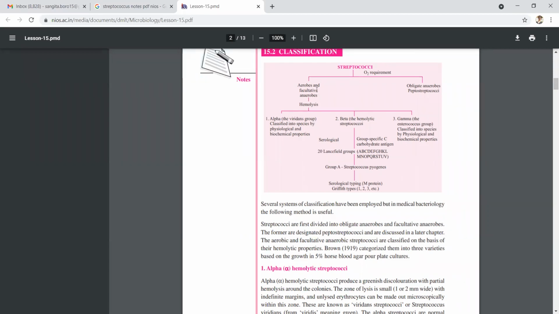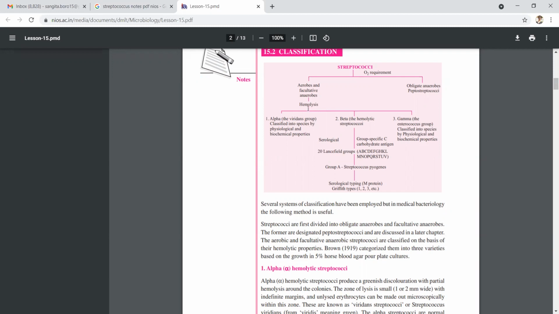So those kind of bacteria have a property of hemolysis. Remember that Streptococci which perform hemolysis may be either aerobic or facultative anaerobic. They cannot be obligate anaerobes. Hemolysis means the property to break down RBCs.